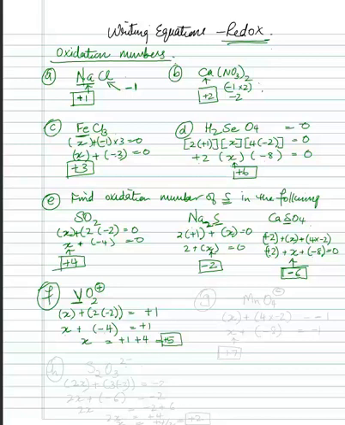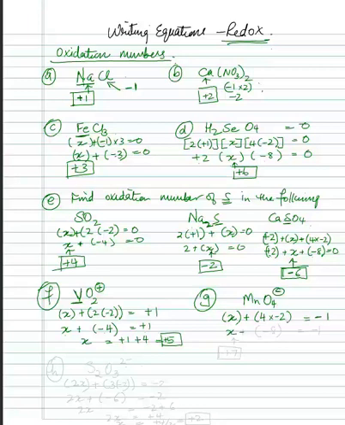So then let's take another one. Now I'm going to take MnO4-. So Mn, whatever it's going to turn out to be, and then oxygen, which we have 4 of, times -2, should be equal to -1.